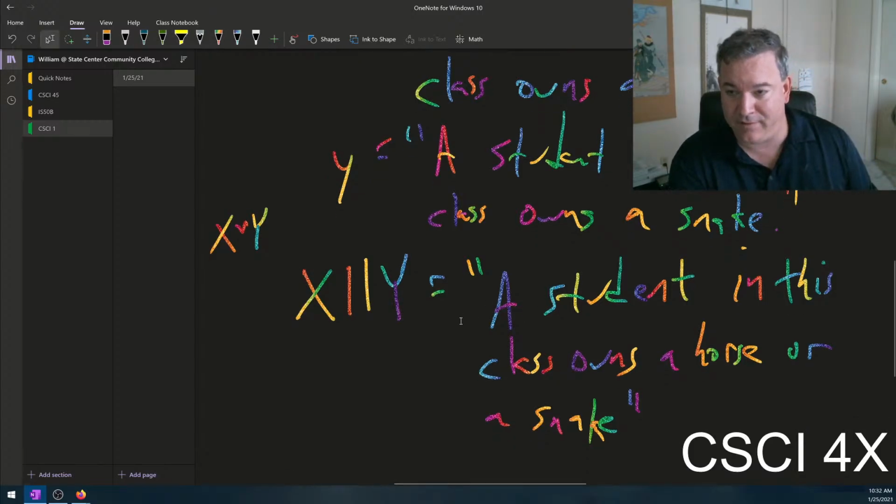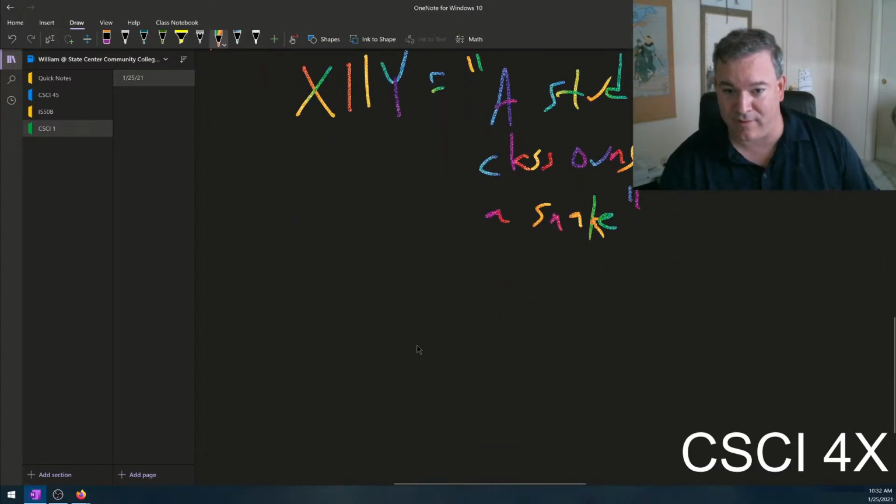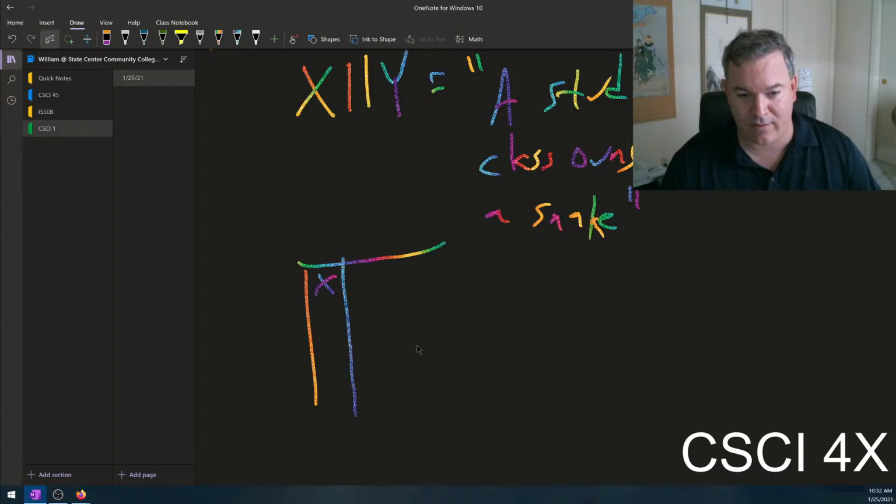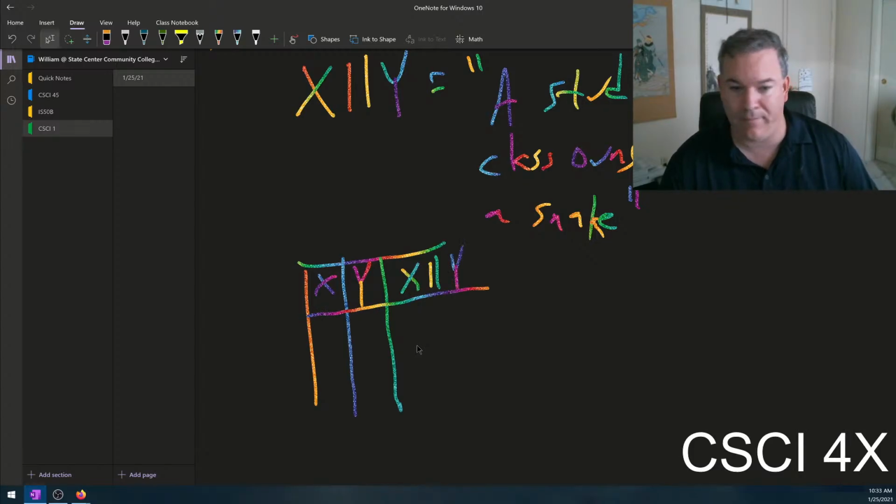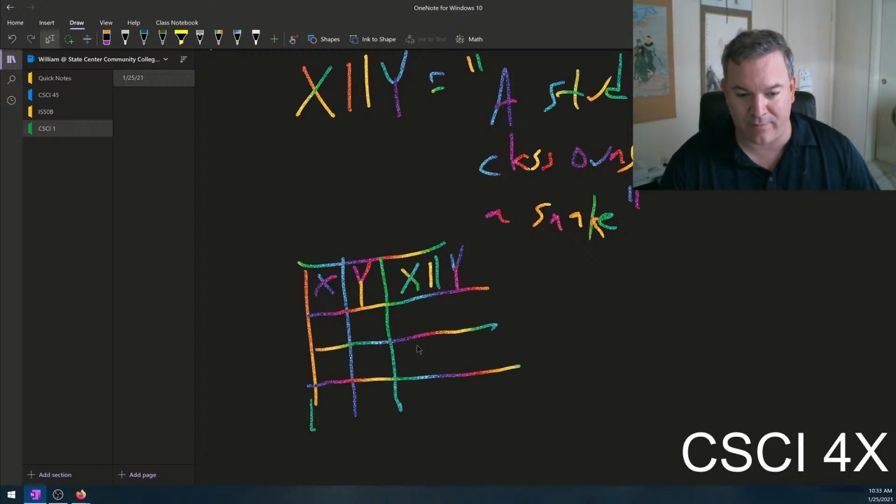Okay, so let's do a slightly more complicated truth table. In this case, we have x and y as our starting point, and we've got x ORed with y as our output. And what you do when you do a truth table is you start off by filling out all the possible values for the input.